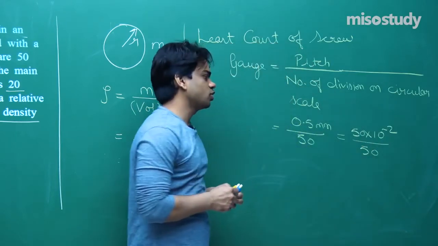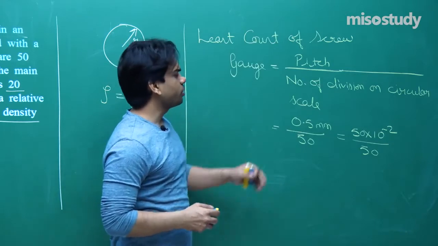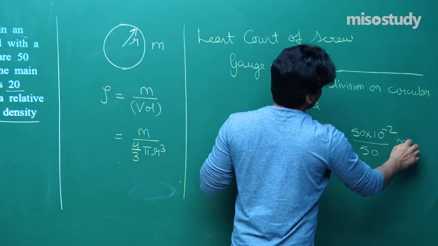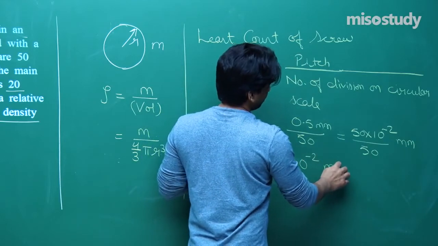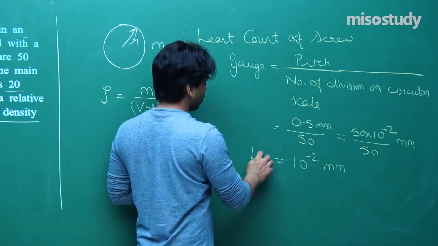So you will have 10 to the power minus 2 mm as the least count of the screw gauge.